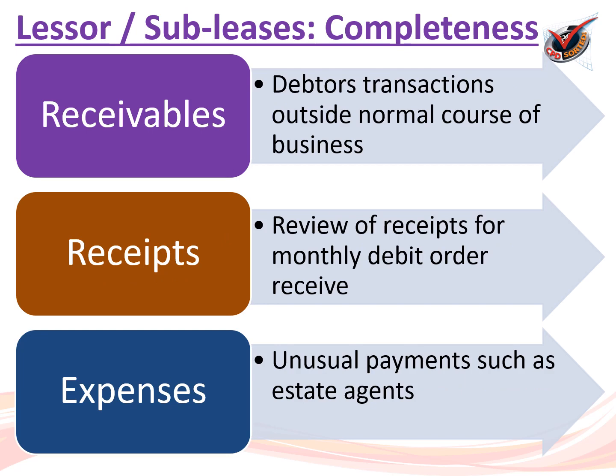So in terms of the other procedures that could be carried out, looking at debtors, transactions outside the normal course of business, some sort of receivables, making sure that the amounts reflected are indicative of amounts reflected in the financial statements.